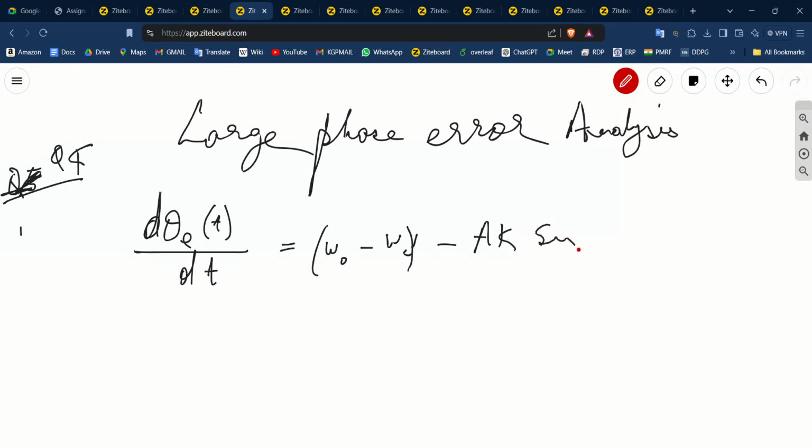So this is the differential equation. This is not the exact solution, this is the differential equation. Now we have to solve this differential equation to get the result.